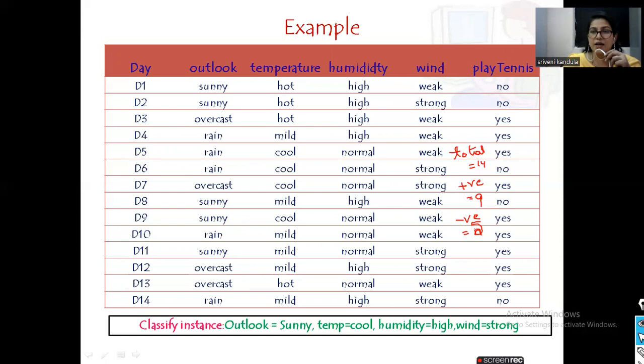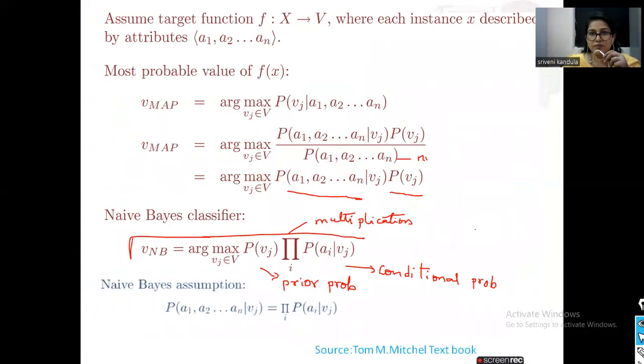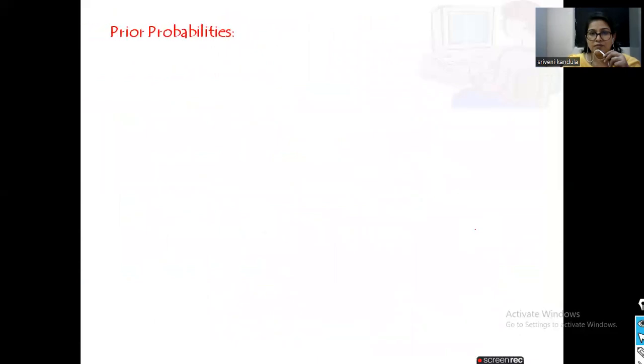So with this data, let us calculate the prior probability. In the playTennis data set, P of playTennis equals yes. I already know that the target value is yes.